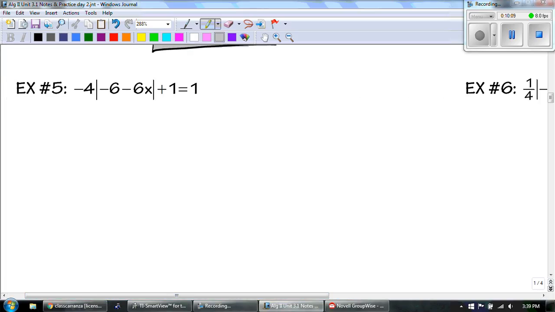Okay, so when we have multiple stuff outside, it's just like order of operations, okay? We need to subtract the 1 first, because I'm following the reverse order of operations.